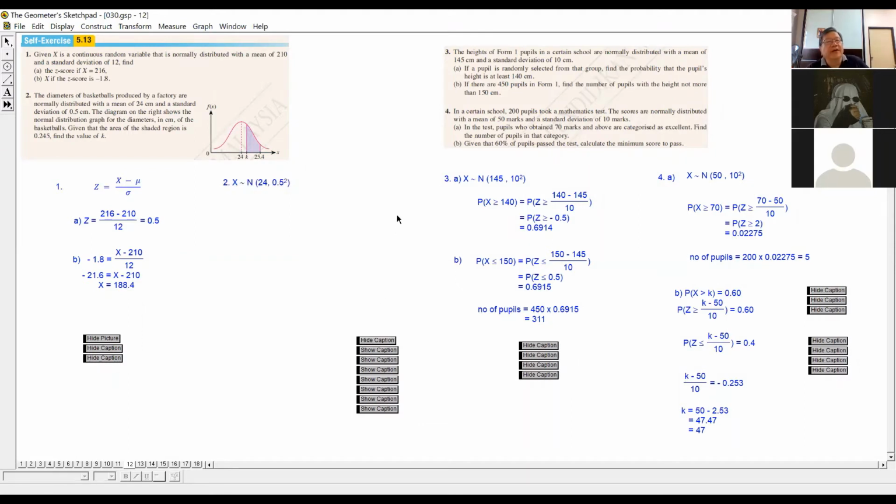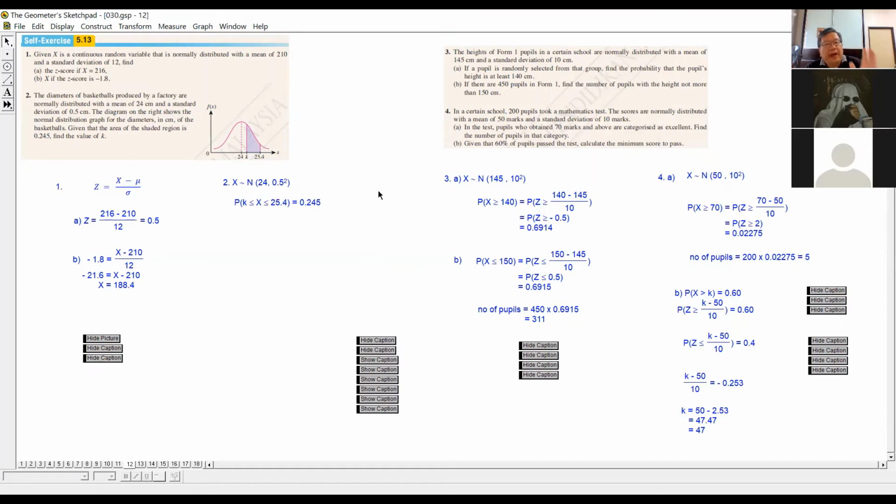So we say that x is the diameter of the basketball and x is distributed normally with mean 24, variance 0.5 squared. Normally inside the bracket we talk about the variance, but in the formula we talk about the standard deviation.